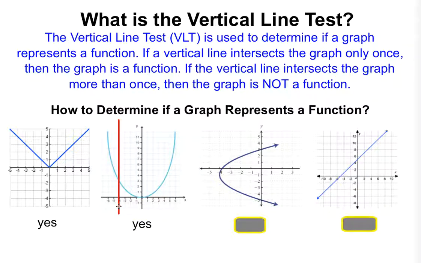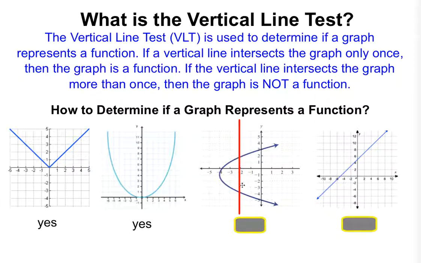Let's move on to the third graph. Using our vertical line, I'm going to move this vertical line throughout the entire graph. How many times does the vertical line test pass through this graph? What number do you have in your head? Where the vertical line is right now, it passes through the graph 2 times.